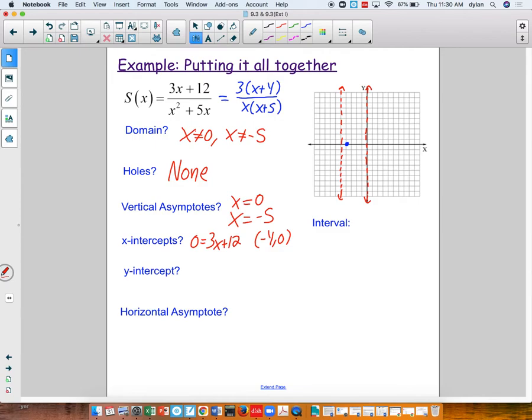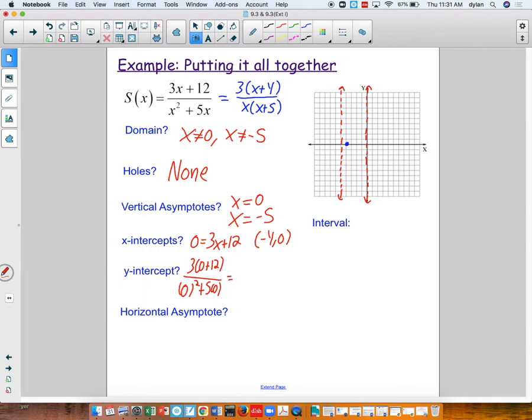And then for our y-intercept, that's where x equals 0. So in this case, when we think about plugging in 0 for x, we would have 3 times 0 plus 12 divided by 0 squared plus 5 times 0.